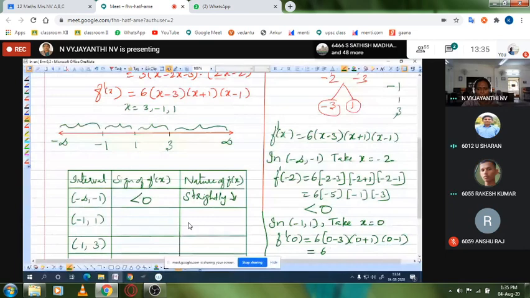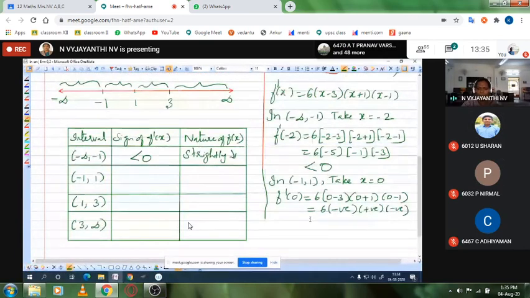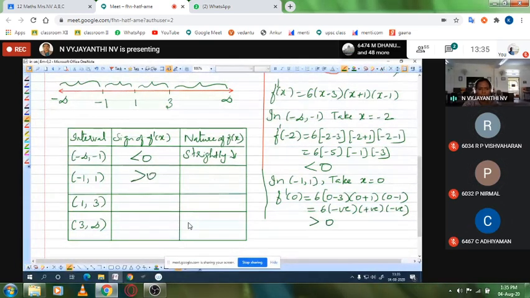Negative into negative is positive, positive into positive is positive. So it is greater than 0. Greater than 0 means what? Strictly increasing.